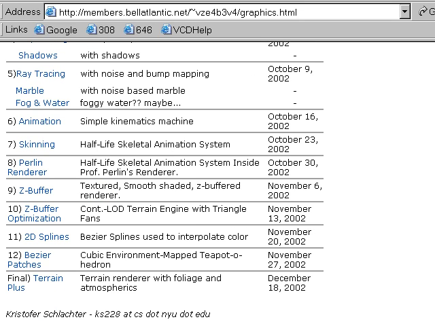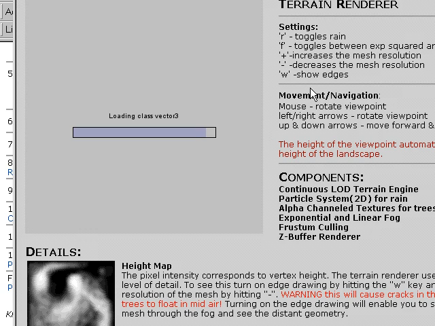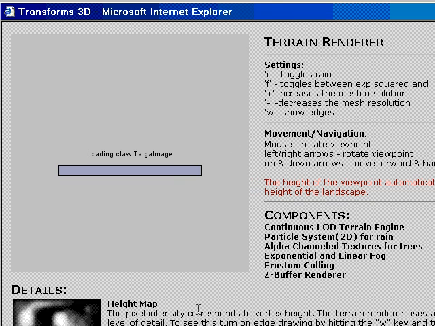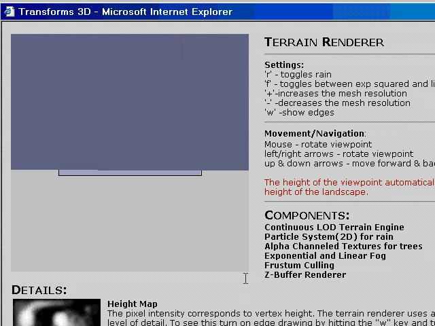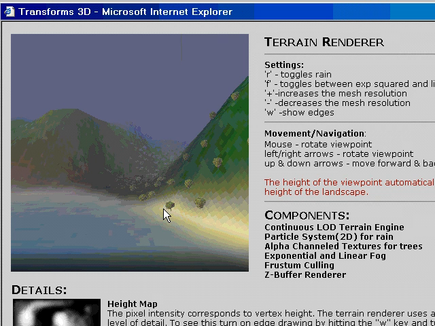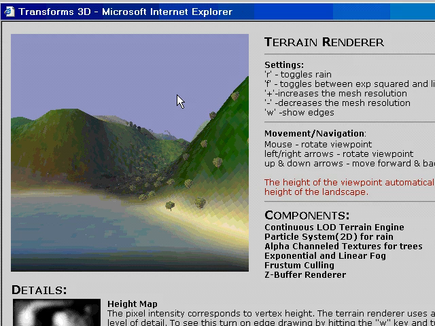Now it actually has Java applets to do these things. So here's a Java applet that actually rendered a fairly complicated 3D rendering. Let it load here. So what it is essentially is almost like a piece of a video game. He's got particle systems for rain, so if you hit R, I'm not sure exactly what it's doing here.